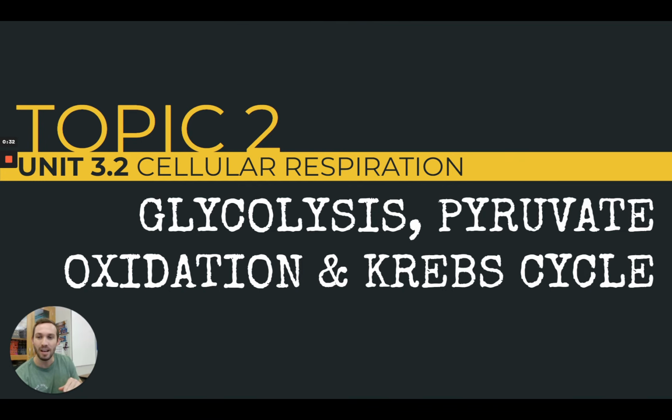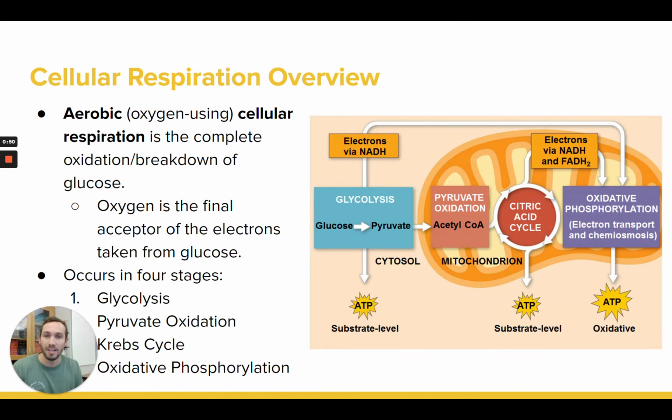So what we're about to look at is a very huge series of chemical reactions that are going to ultimately lead to glucose breaking down in the presence of oxygen into CO2 and water being formed. When we're talking about cell respiration, by default we're referring to aerobic cell respiration.